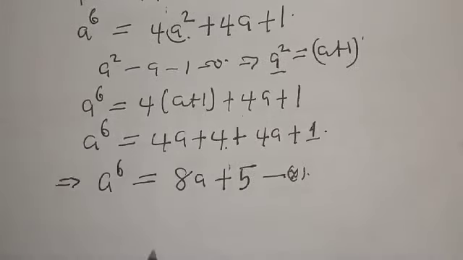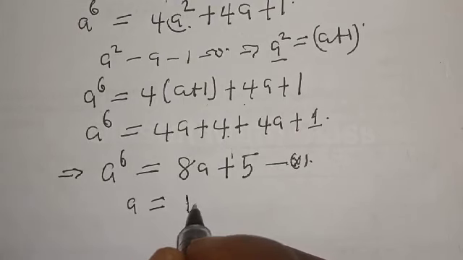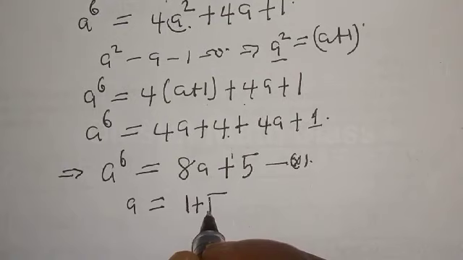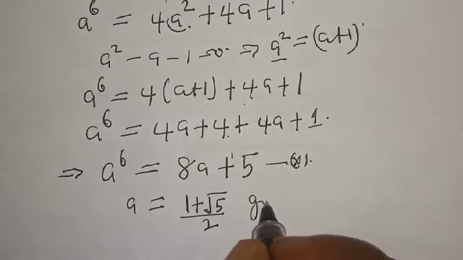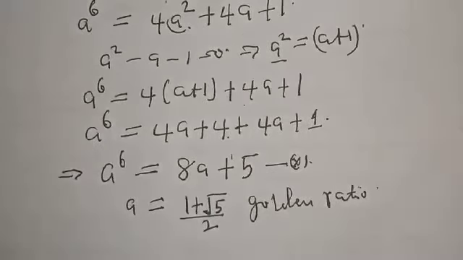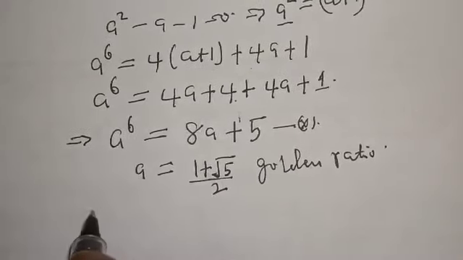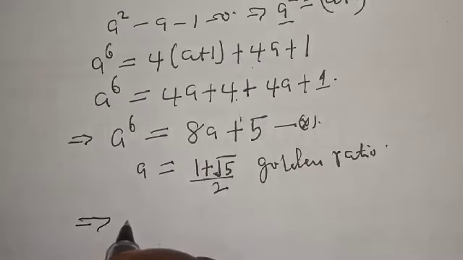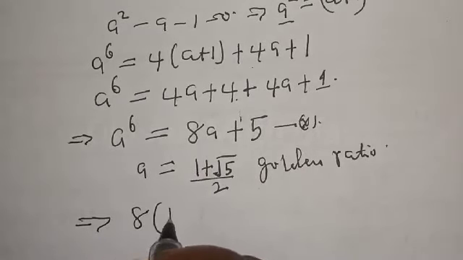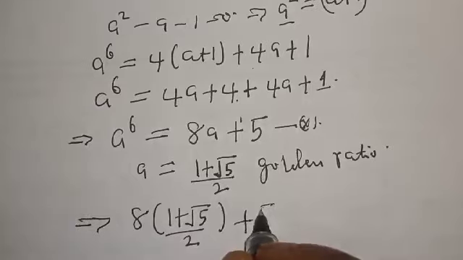But we know that our a is equal to 1 plus root 5 over 2 from our golden ratio. Then this implies that anywhere you see a, you put 1 plus root 5 over 2. This implies that we have 8 into 1 plus root 5 over 2 plus 5.